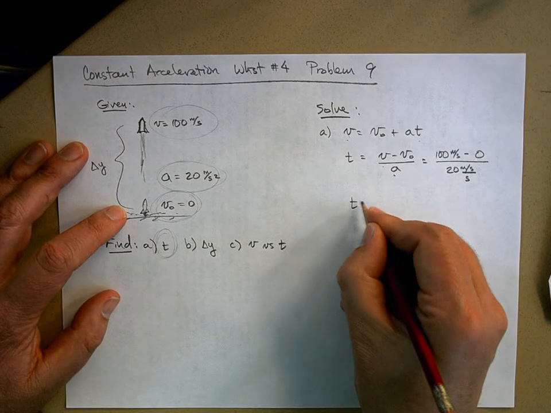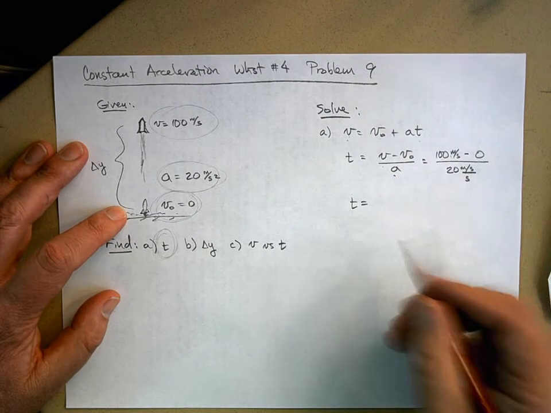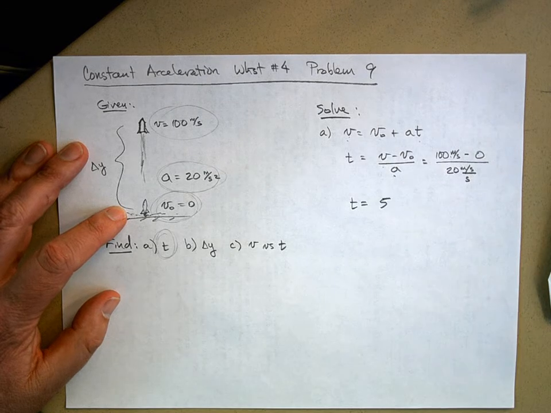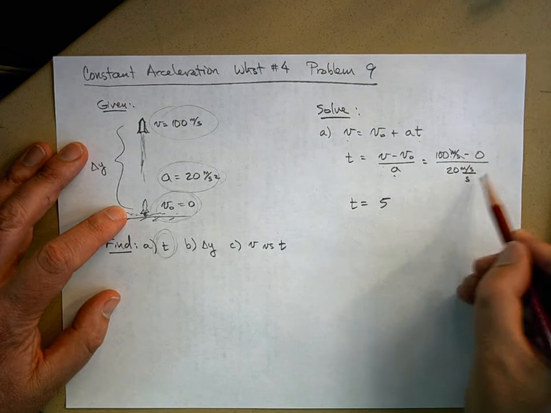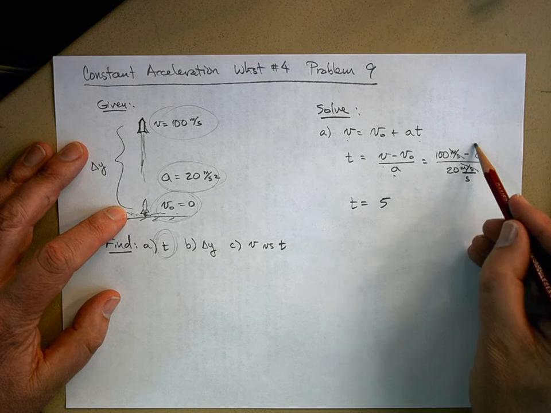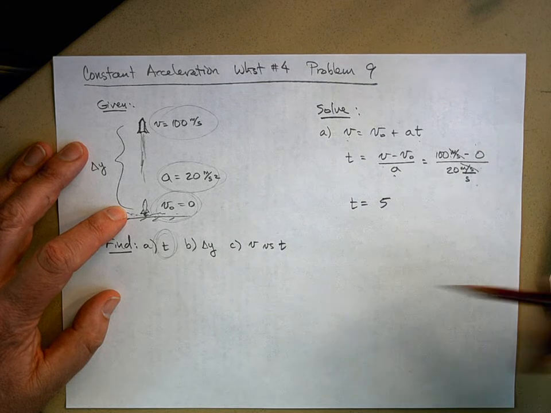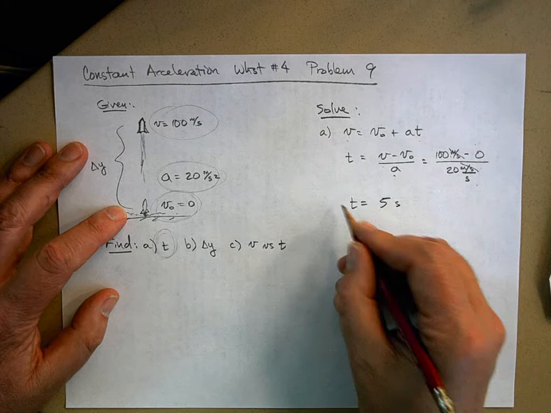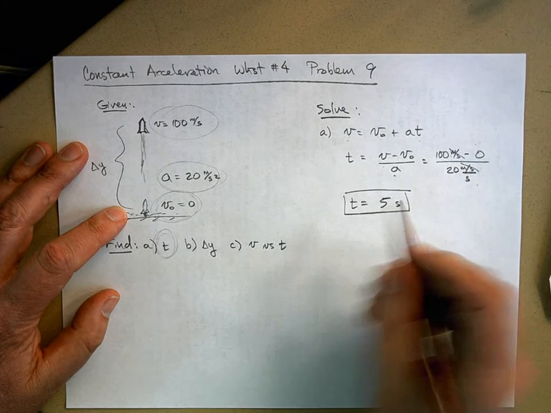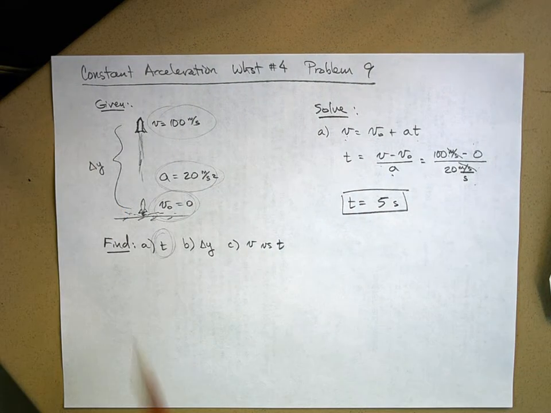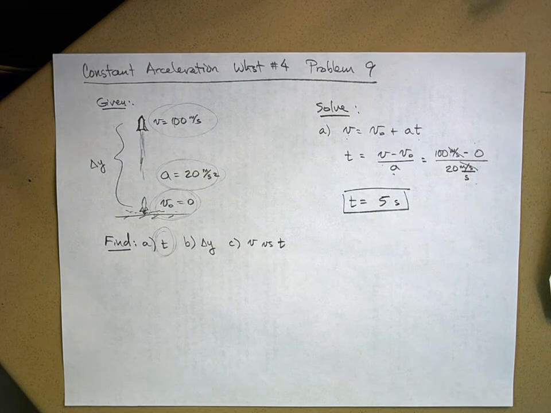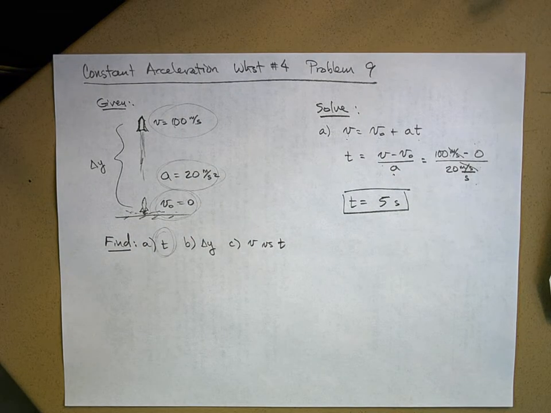So this is 100 divided by 20. That's easy. No calculator needed. The meters per second cancel, and I get 1 over seconds. Reciprocate and multiply, you get seconds. So the time it takes to get to this final speed is 5 seconds.